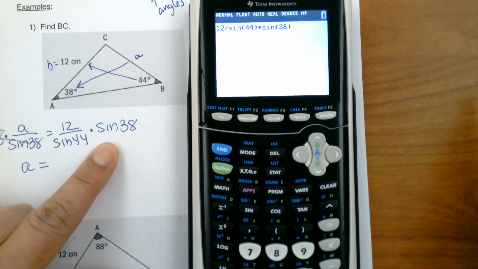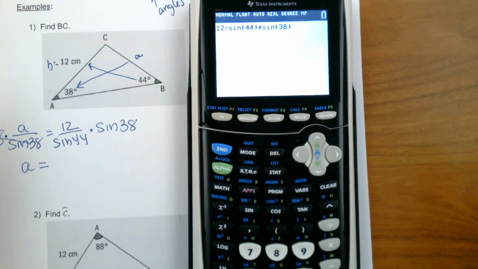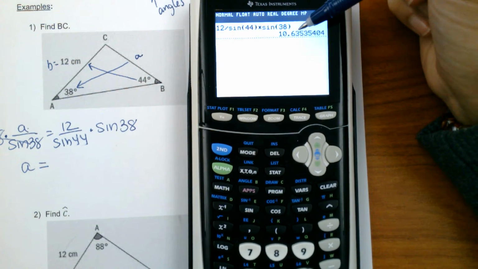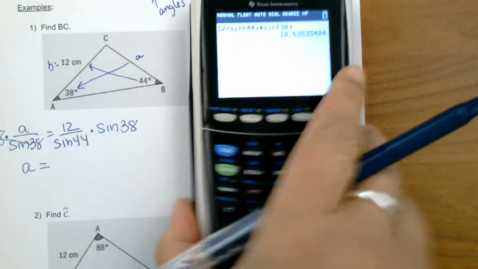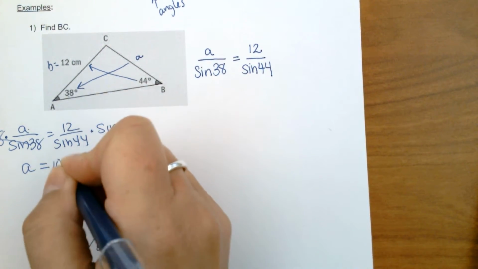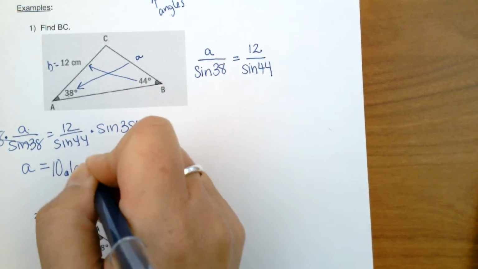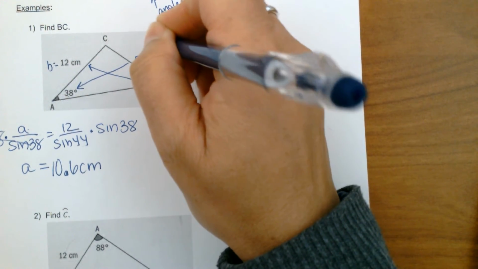Again, close your parentheses. This will do it all for you. You don't need any other parentheses. I'm not going to confuse you. You can do it all in one step, and we get 10.635. I'm going to go three significant figures, so I'm going to do 10.6. So a equals 10.6 centimeters. So that's this side.